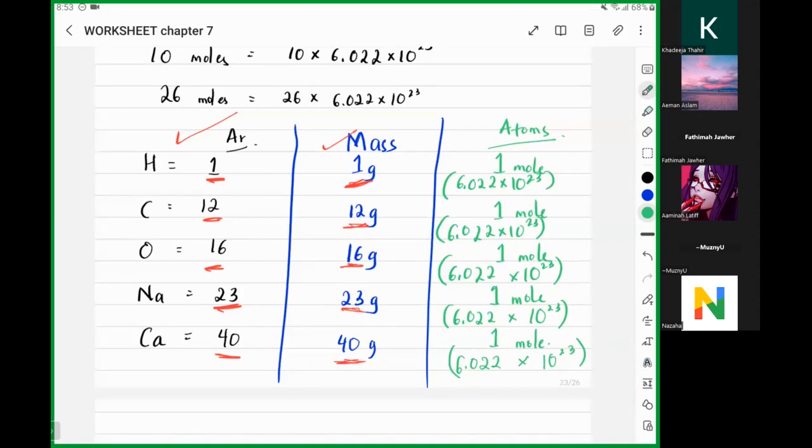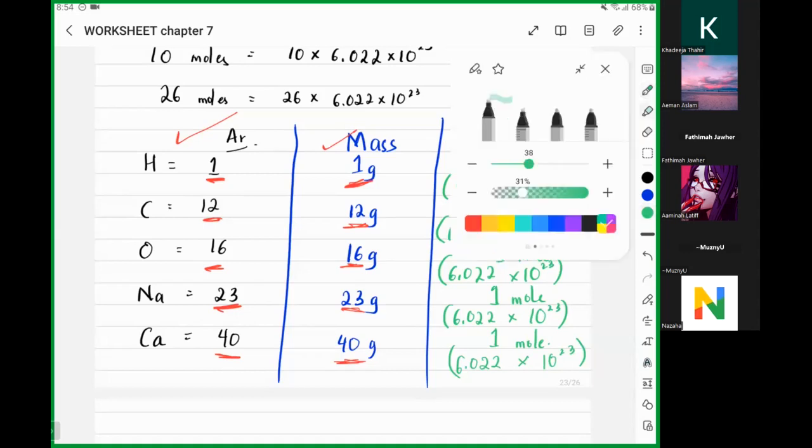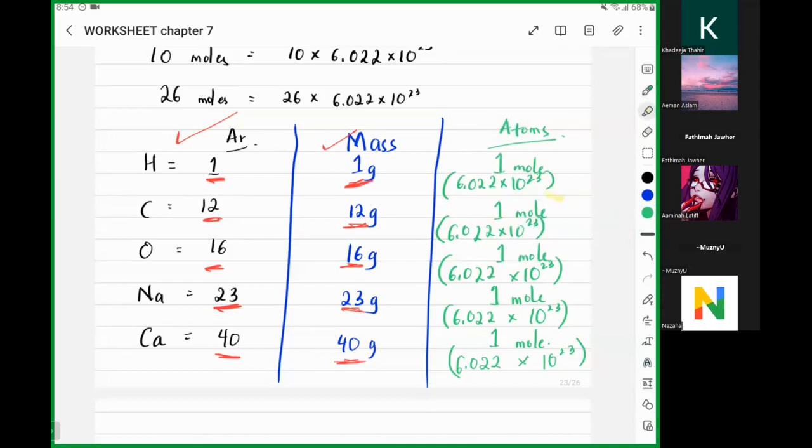And normally when they give a definition for mole, they say that a mole is the amount of substance which contains as many atoms as there are in exactly 12 grams of carbon. So what's that number? 6.022 into 10 to the power 23.